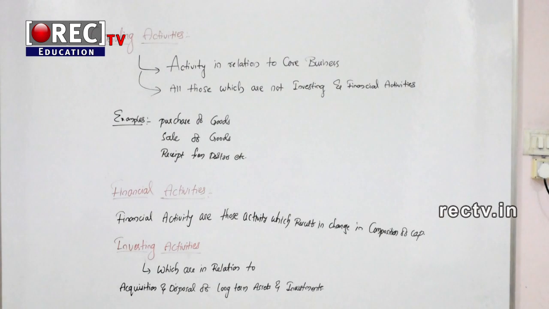Now all those which are not investing and financing activities also come under the head of operating activities. And an operating activity may differ from entity to entity. For an entity which is in the business of purchasing land and building, it is an operating activity. For another, it may be considered an investing activity.